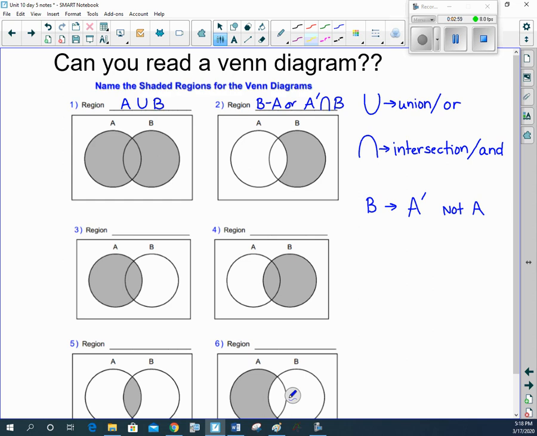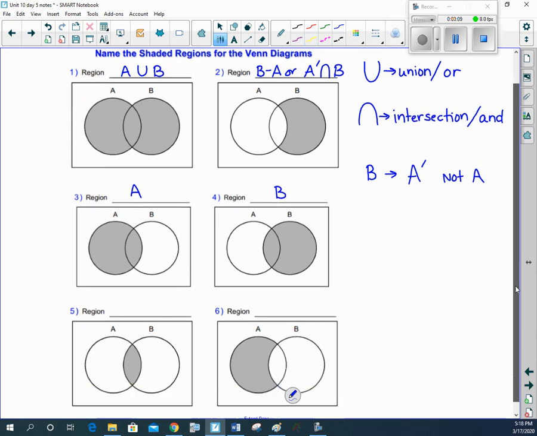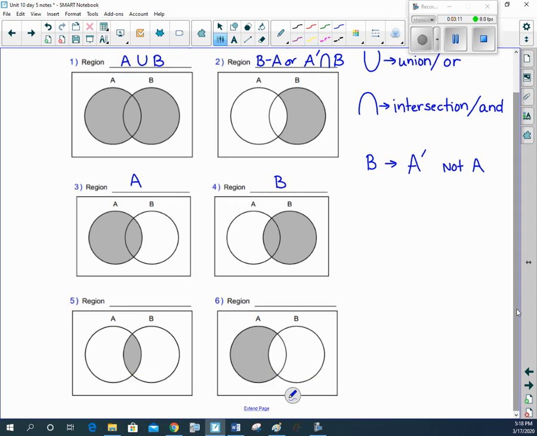Over here, circle A is all shaded, so that answer is A. What region is shaded for this one? Just B. Down here, we have the intersection.